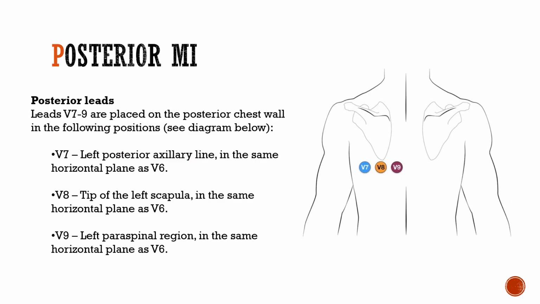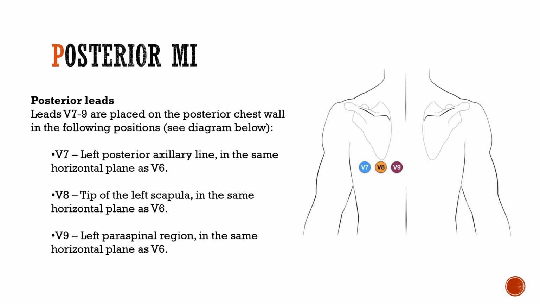Now, when presented with the case of potential posterior MI, we can always complete a posterior EKG to clarify, in which we place the leads on the posterior chest wall in the following positions. V7 is placed at the left posterior axillary line in the same horizontal plane as V6.